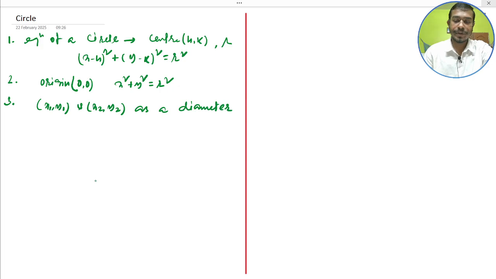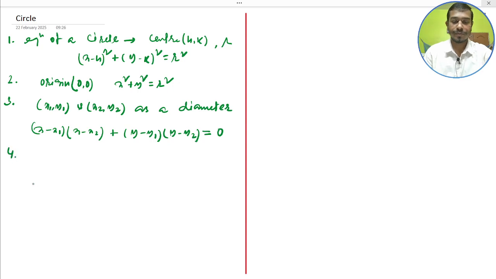This equation would become (x minus x1) into (x minus x2) plus (y minus y1) into (y minus y2) is equal to 0.